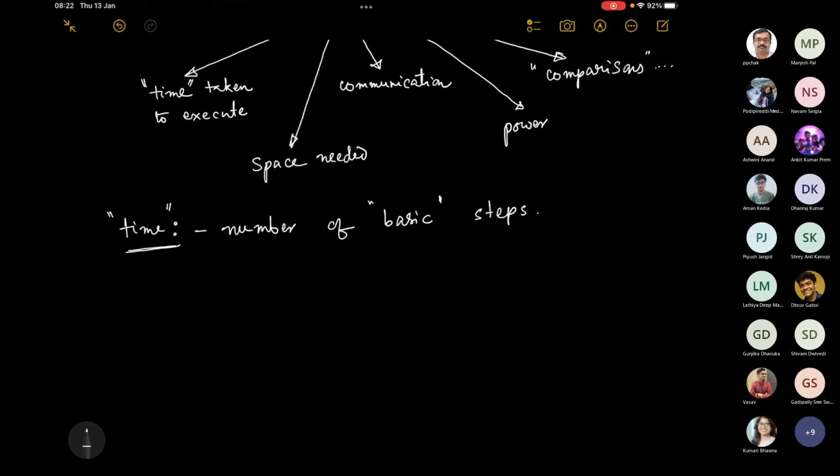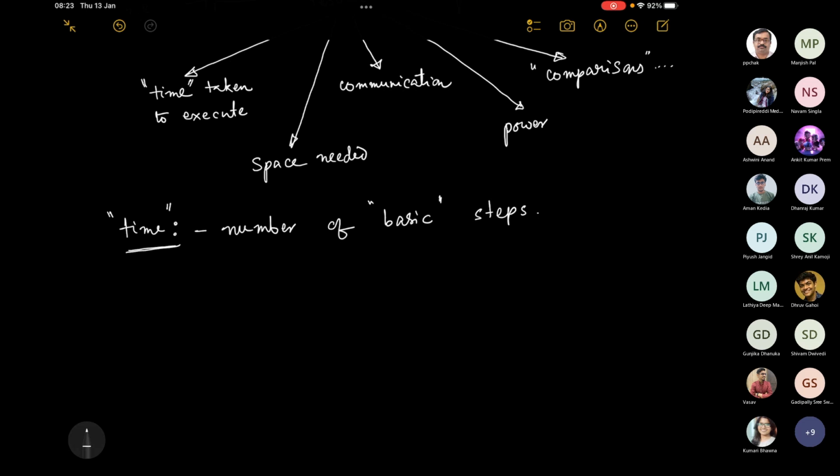As I said, in the definition of the algorithm, at an intuitive level, we define these are the basic steps. What is the definition of an algorithm? It's a sequence of basic steps. If anyone performs those basic steps, then it solves the problem. Solves the problem means it will compute the output from the input given.